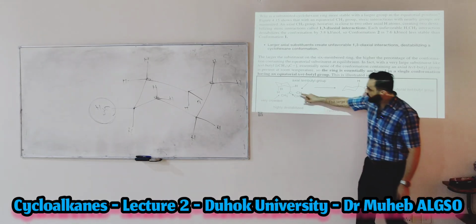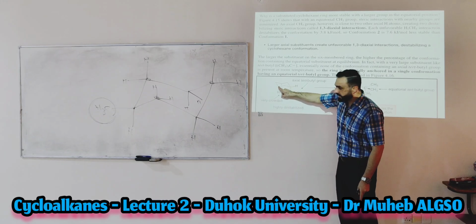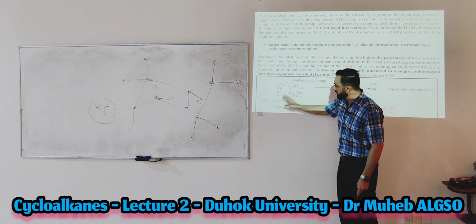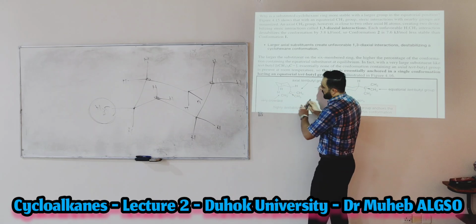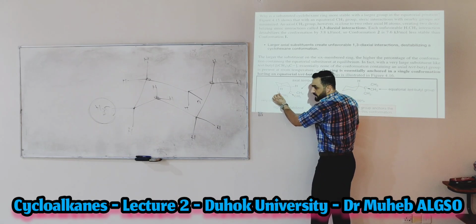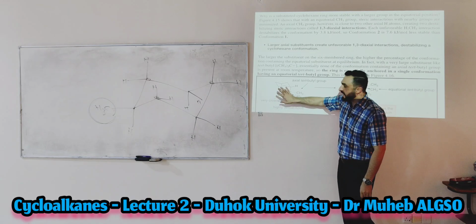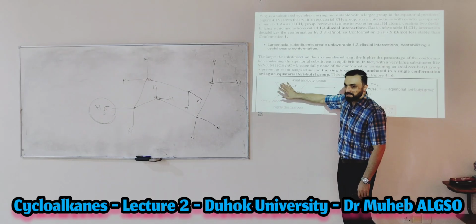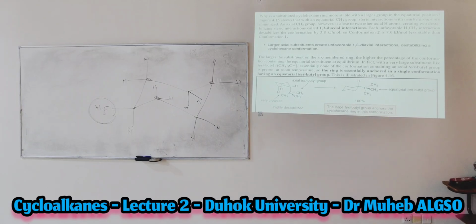Look here, this is carbon 1, and this is 1, 2, 3. The axial group here and the axial group here interact. They are so close to each other, so it is very crowded, high energy, and destabilizes this chair form.